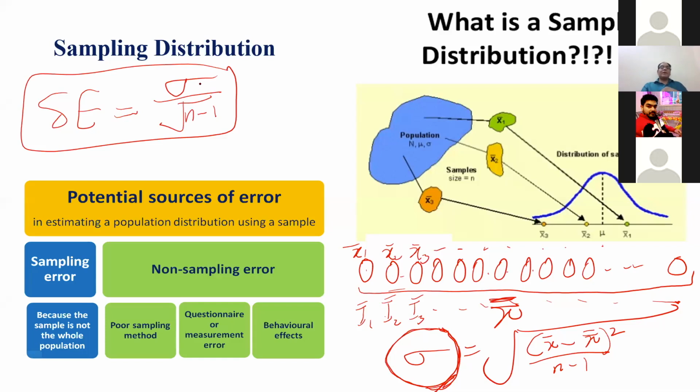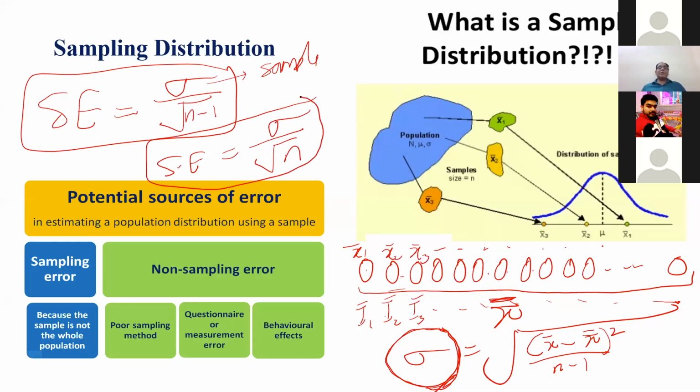If this is the standard deviation of a sample, then we use this formula, and if we know the population standard deviation, then we use that formula. So this is known as the approximation formula to calculate standard error. And you may not believe how important this standard error is for hypothesis testing. Almost in every hypothesis test, we use the concept of standard error, right?